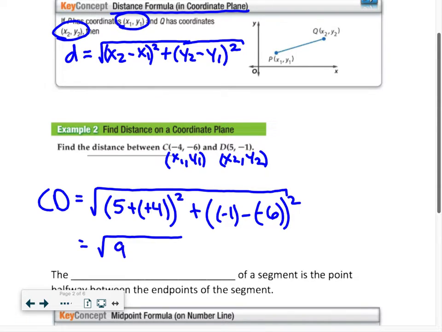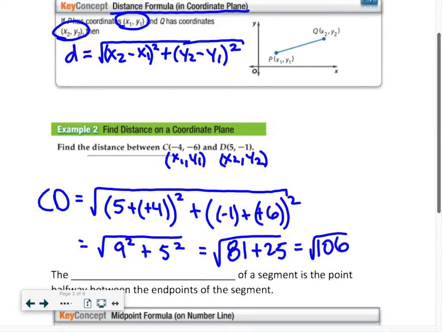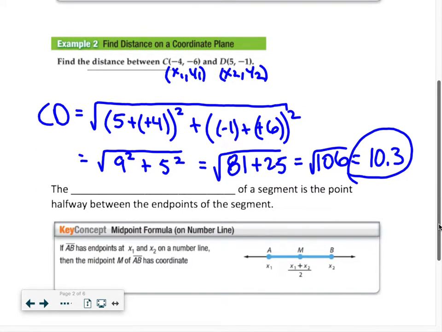So that becomes 9 squared plus -1 becomes plus 6, that becomes 5 squared. 9 squared is 81, 5 squared is 25. So now we're taking a look at the square root of 106. And guys, you can use your calculators. The square root of 106 is approximately 10.3 if we round to 1 decimal place. And we can round to 1 decimal place unless it states otherwise, okay? So that's fine there.